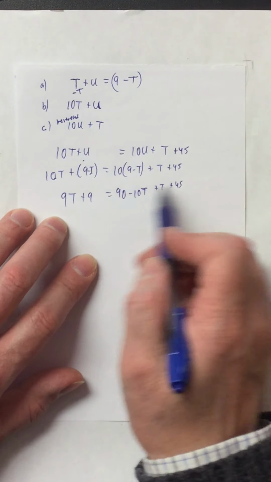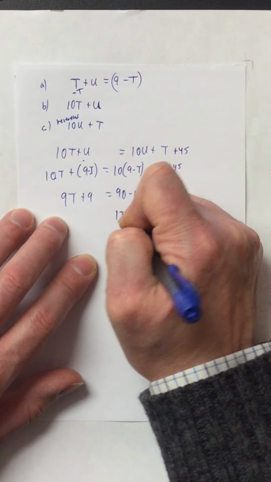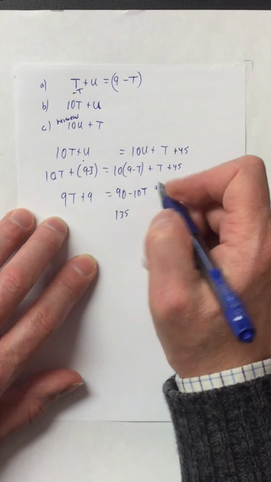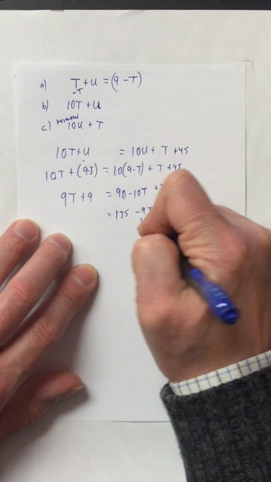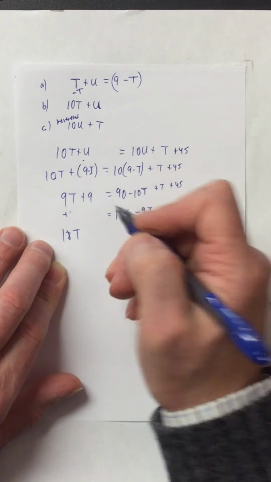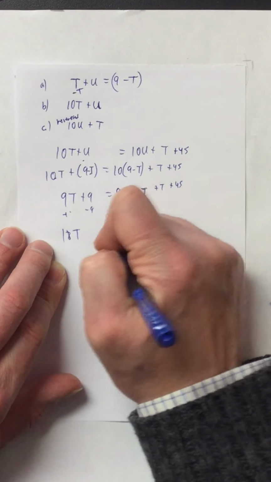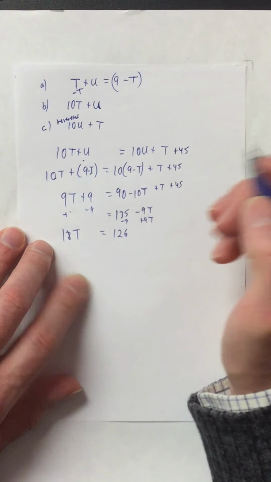All right, let's do some combining over here. 90 and 45, 135. 10t, negative 10 plus 1, negative 9t. All right, so I can add 9t to both sides. 18t over here, subtract 9 from both sides. 126.